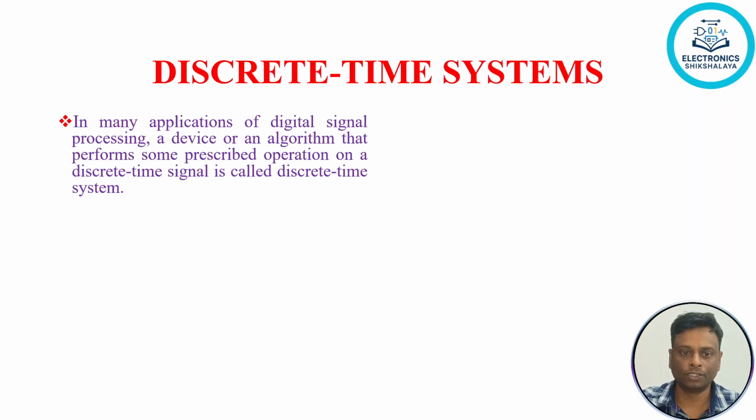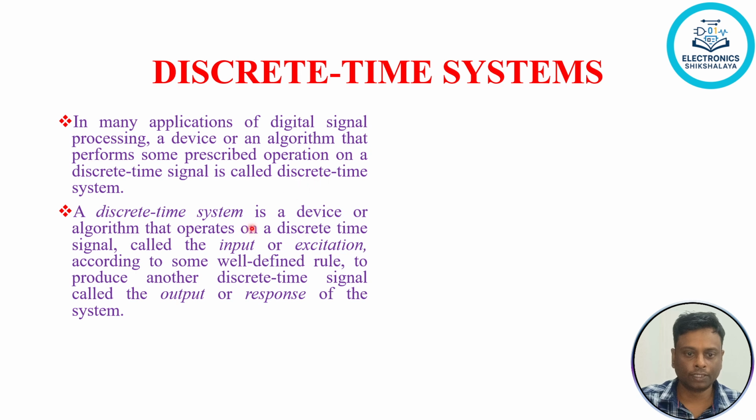A discrete time system, as I have told you, is a device or algorithm that performs some prescribed operation on a discrete time signal. That signal is called the input or excitation.